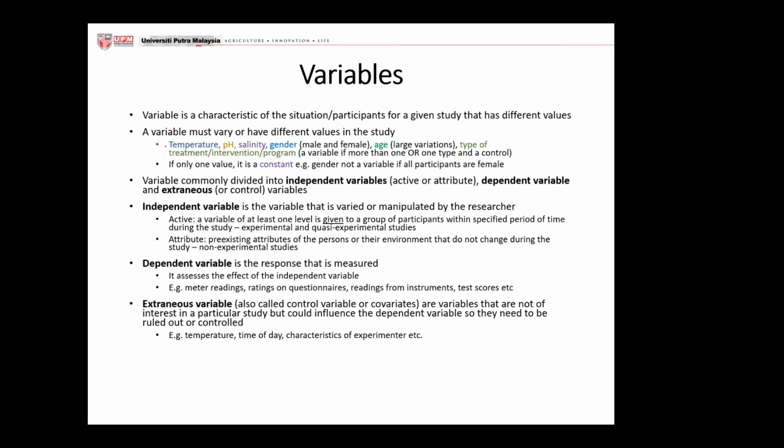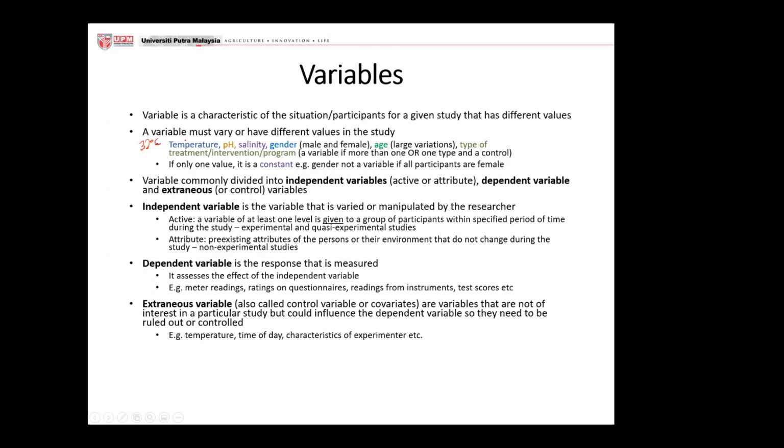when you take your sample, you always take note of things like temperature, pH, salinity. Those are variables because they can be different. Today you went there, maybe the temperature is 32 degrees Celsius, pH is a certain value, and when you went there the second time to get the next sample, it may be different.